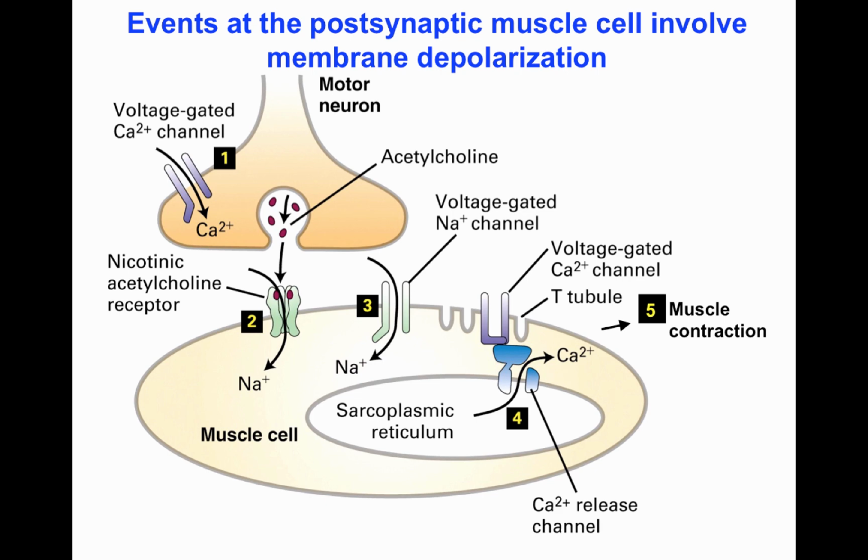But at this point, what I want you to emphasize is that an electrical signal coming down the motor neuron is converted into a chemical signal in the form of acetylcholine, and then that chemical signal, when it binds to its receptor, the nicotinic acetylcholine receptor, is converted back into an electrical signal that is propagated as an action potential down the muscle cell, resulting in the release of calcium from the sarcoplasmic reticulum, making the muscle contract.